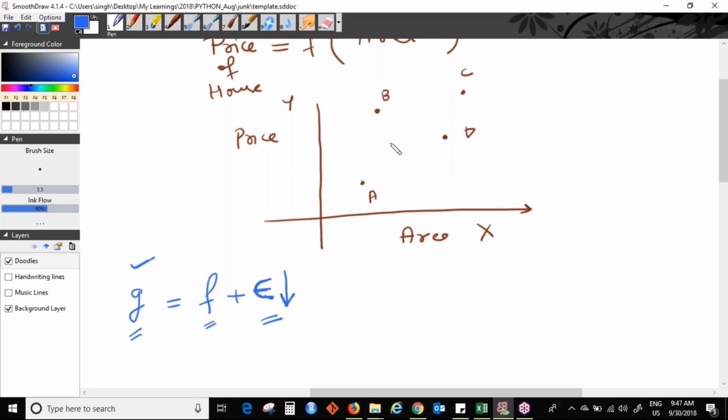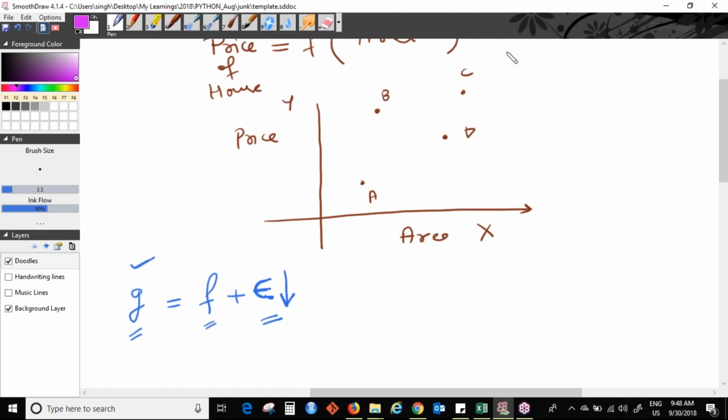But we will assume that the relationship is linear, and we will try to draw a line so that the error is minimum. The error is not a lot.